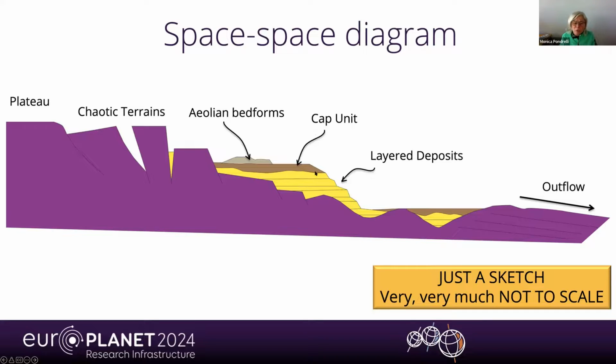Then we have the cap unit, which develops unconformably, or better, disconformably on top of the layered deposits. And then we have the other plateau, which is basically everywhere, capping all the units. These are the geometrical relations, again very superficial, very rough, but just to give you an idea of the study.